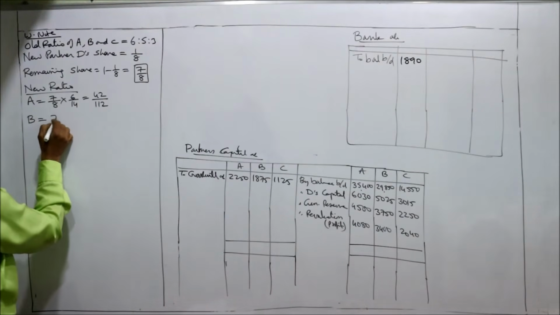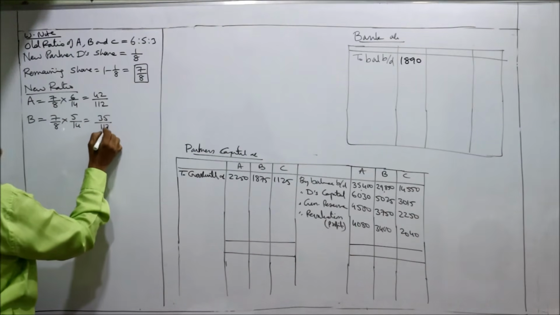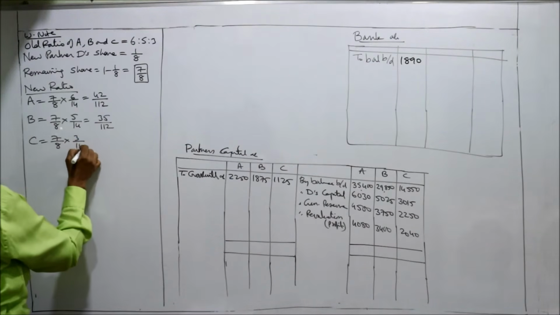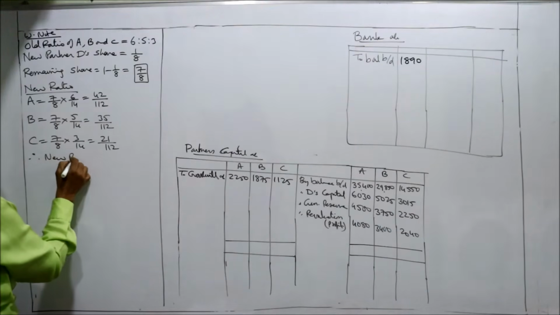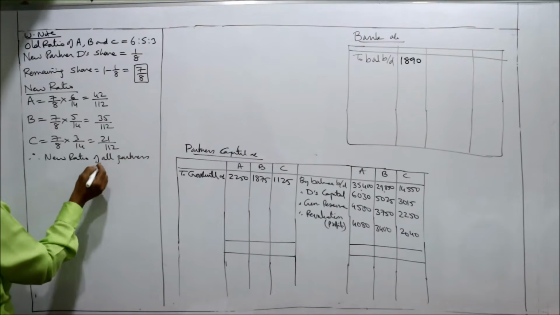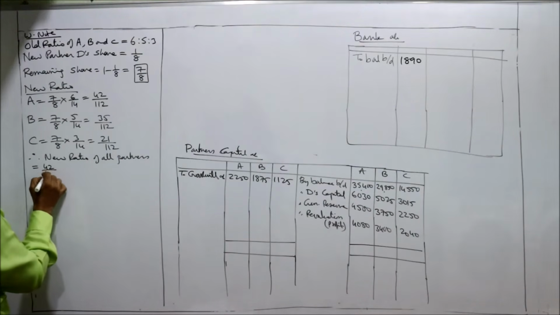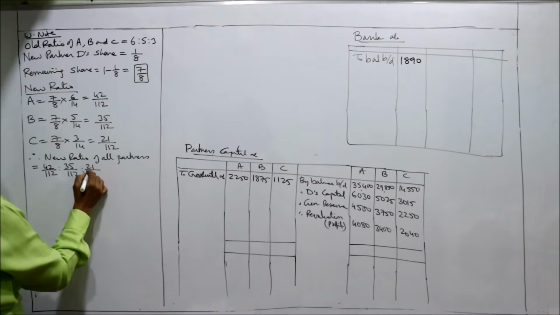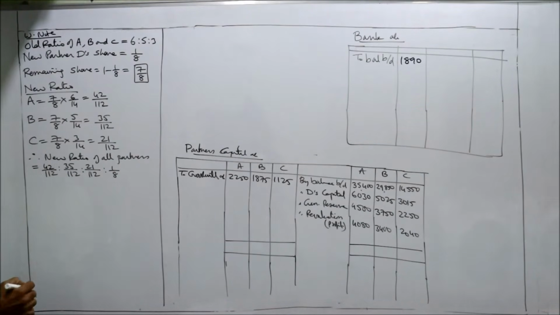B is equal to 7 by 8 into 5 by 14, 35 by 112. C is equal to 7 by 8 into 3 by 14, 21 by 112. Therefore, new ratio of all partners is 42 by 112 is to 35 by 112 is to 21 by 112 is to, the new partner's share, 1 by 8.